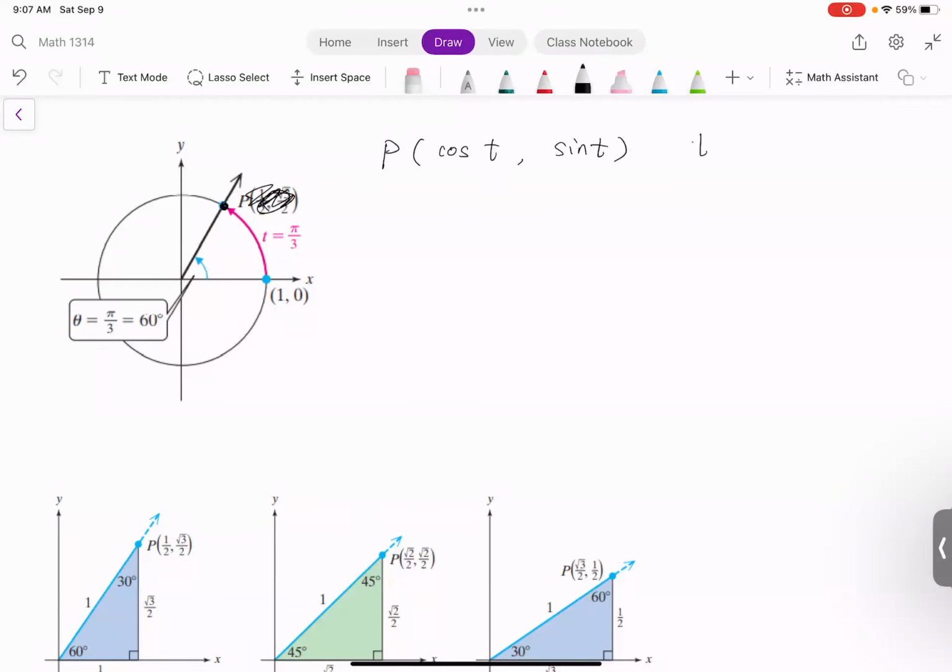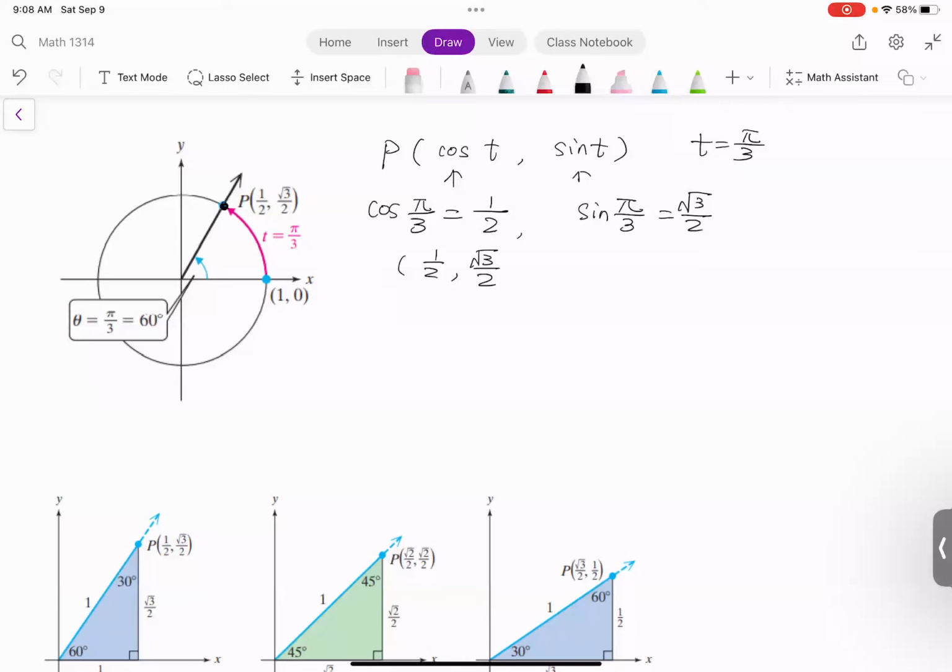If t is given as pi over 3, I can find the values. Cosine pi over 3, that's cosine 60 degrees, is 1/2. And sine pi over 3 is square root of 3 over 2. Now I can find the point is 1/2, comma square root of 3 over 2.